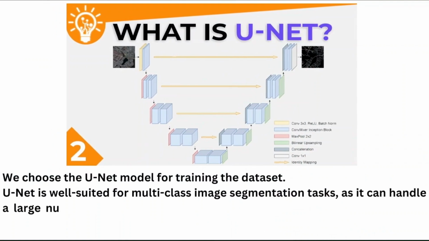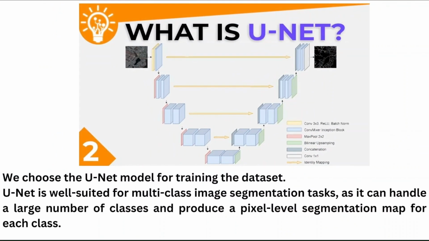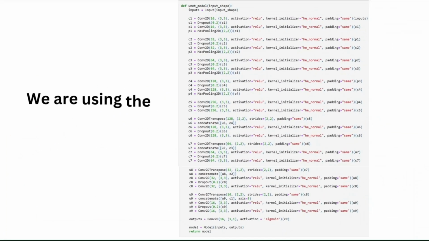We chose the UNet model for training the dataset because UNet is well suited for multi-class image segmentation tasks as it can handle a large number of classes and produce a pixel-level segmentation map for each class. Then we will move on to the preparation of the UNet model.